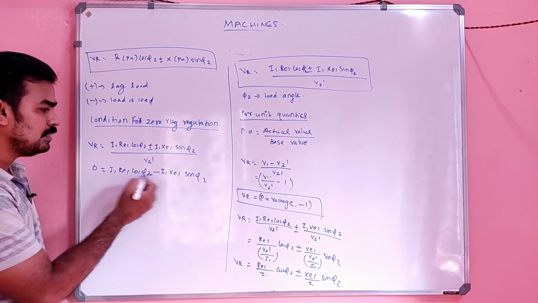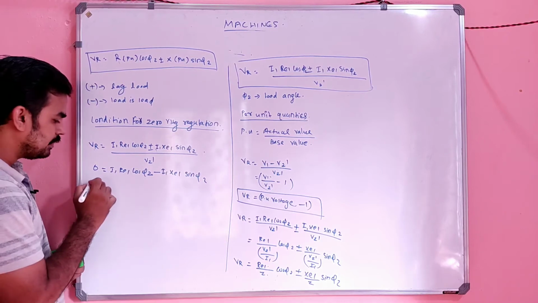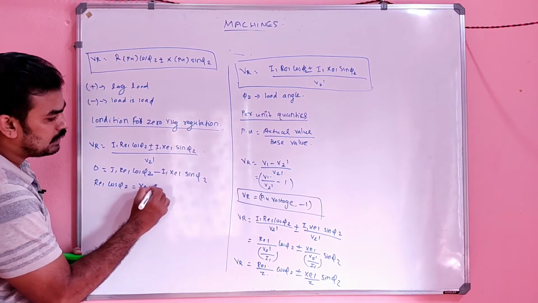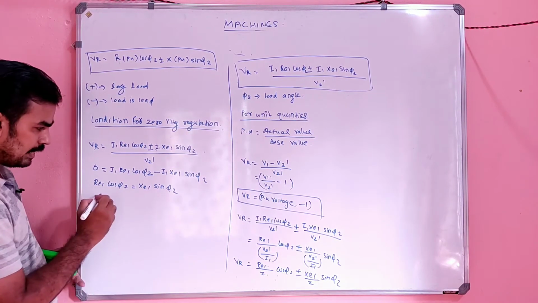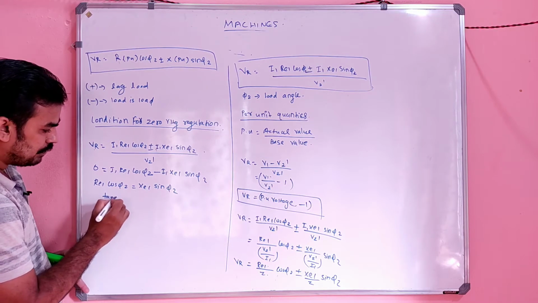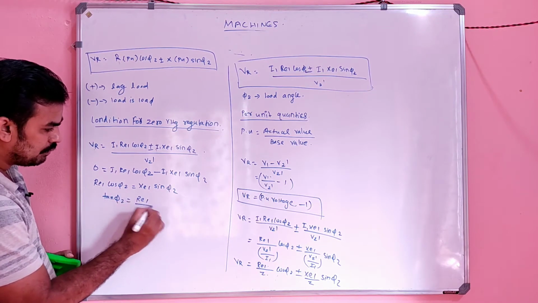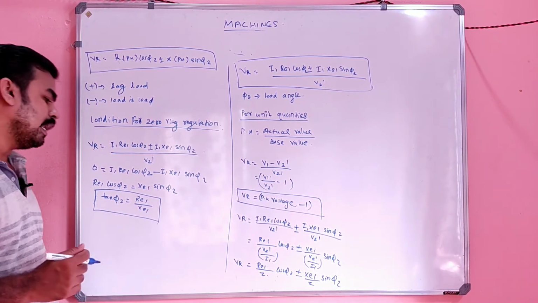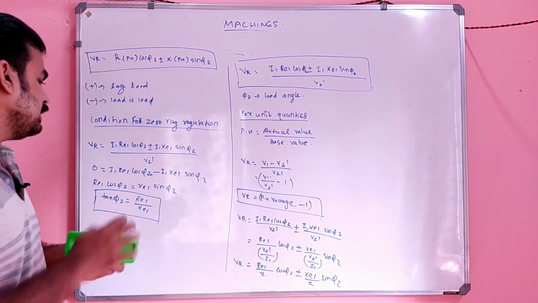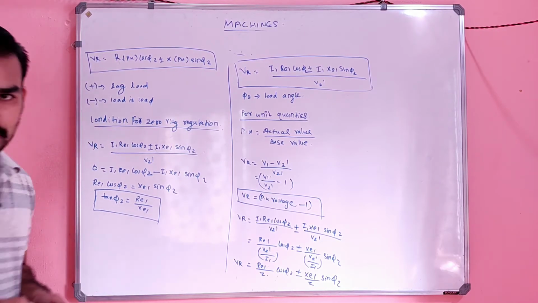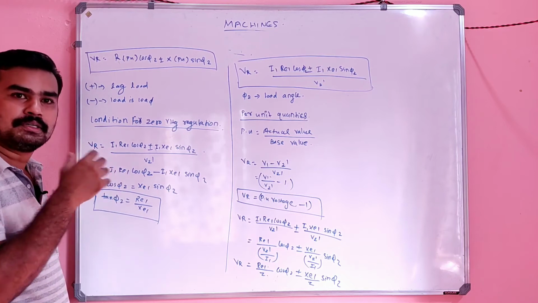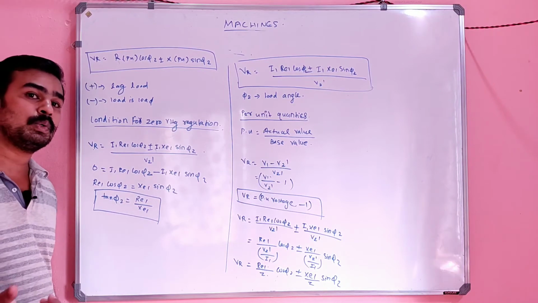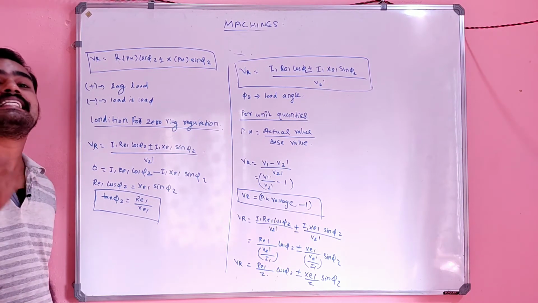So I can write RE1 cos phi 2 equal to XE1 sin phi 2, or tan phi 2 equal to RE1 by XE1. This is the condition of zero voltage regulation. Whenever RE1 by XE1 equals tan phi 2, at that time voltage regulation will be 0.